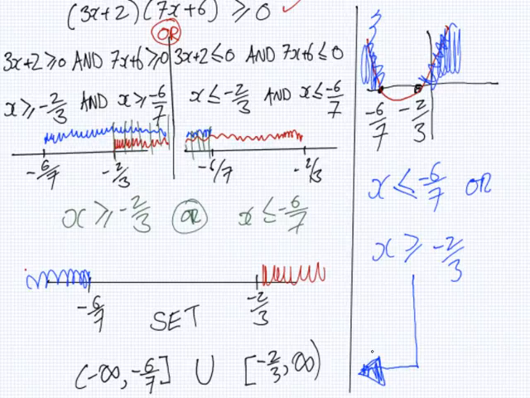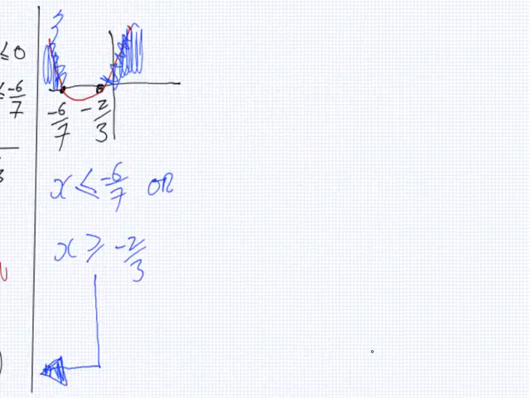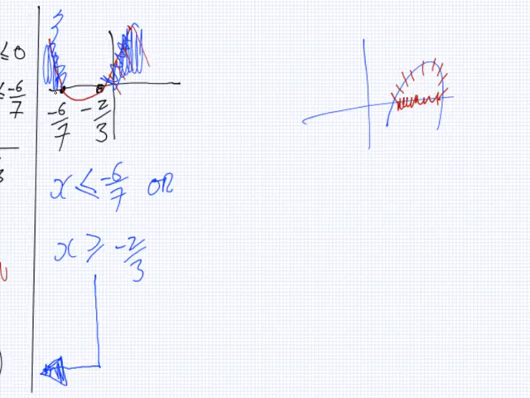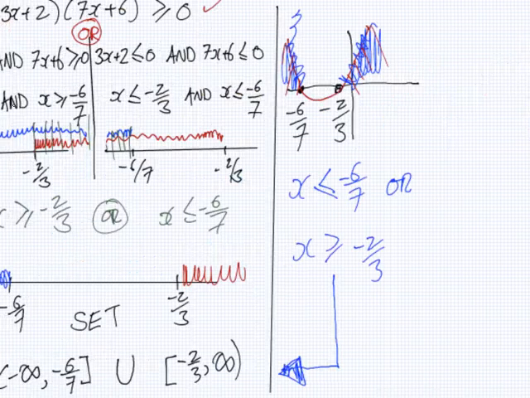Because if I drew it as the hill shape, it would be a different answer. For example, if I drew it as a hill shape and I wanted positive, that means I'd want this piece, and the answer would be between the two numbers. Whereas here, the positive is here and here, so I want the answer outside the two numbers.